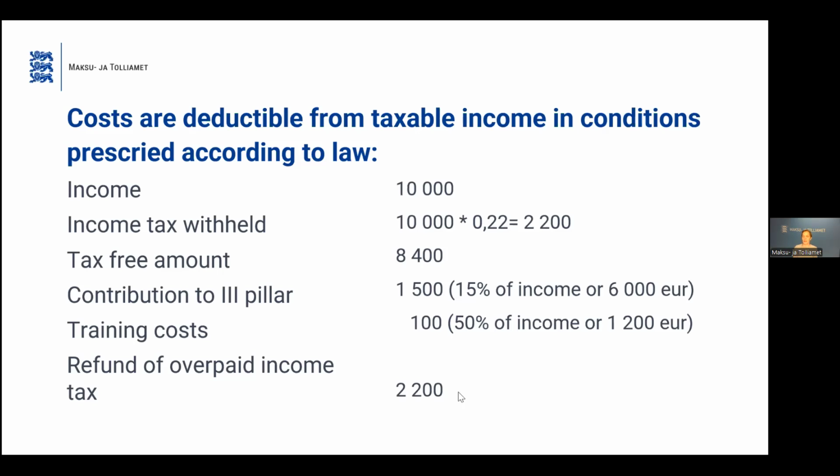Now, for example, this person has already made contributions to third pillar in Estonia, 1,500 euros. Then please pay attention that there are restrictions to this deduction. Only 15% of income or 6,000 euros can be deducted in case of contribution to third pillar.